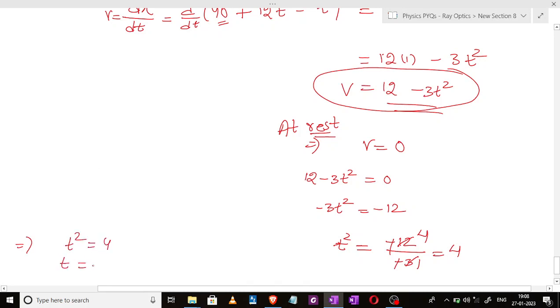So t becomes root over 4. Actually it gives two values, root of 4 is plus 2 and also minus 2, but as time cannot be negative, we take the value of t equal to 2. So when the value of time is 2, the velocity becomes 0, meaning it comes to rest.